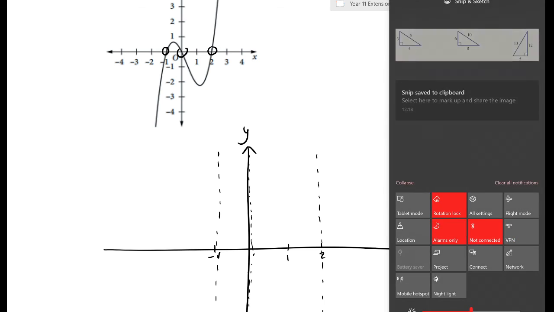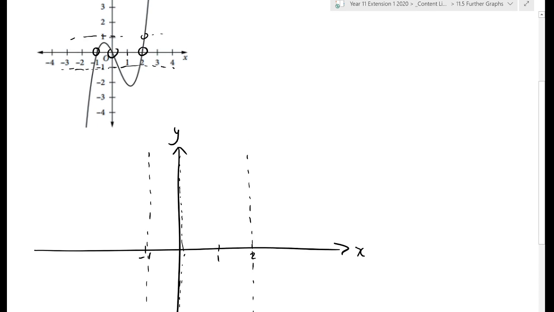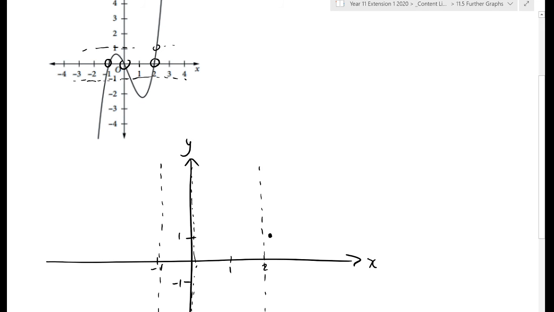Where this thing goes through 1, my reciprocal function goes through 1 as well, or -1. So here's -1. If I go to my original function and draw a line through -1, and draw a line through 1, I can see it goes through 1 at one point, which is just past the 2, literally just past the 2. So if I put 1 and -1 here, probably just here.